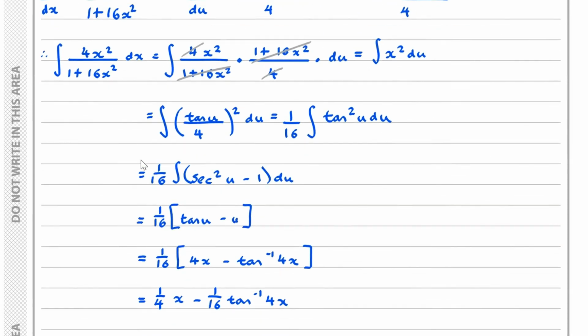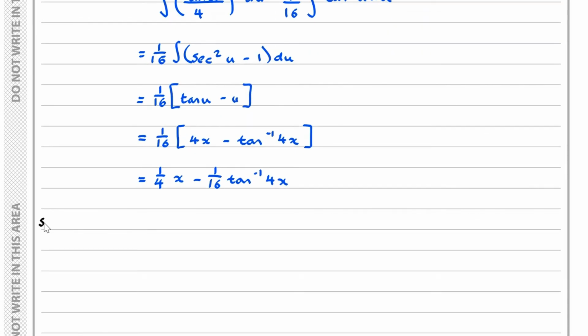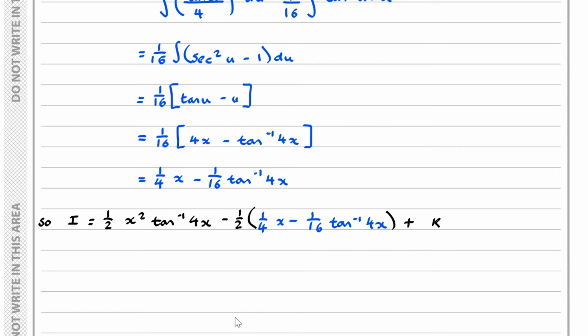So therefore we can say I is equal to 1/2 x squared times by the inverse tangent of 4x, and then we subtract off 1/2 multiplied by this result in blue, the 1 quarter x minus 1 over 16 times by the inverse tangent of 4x, plus some constant k.